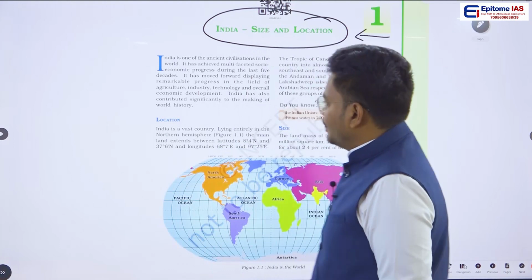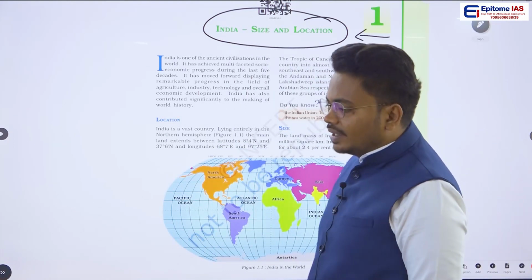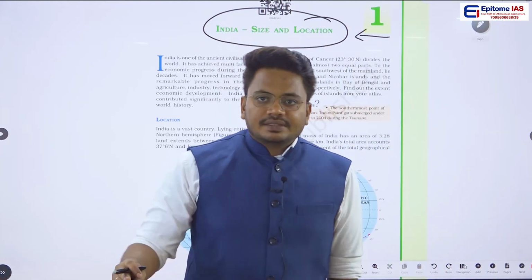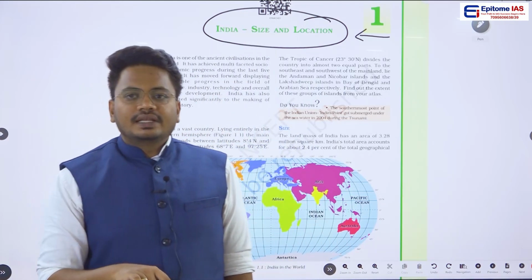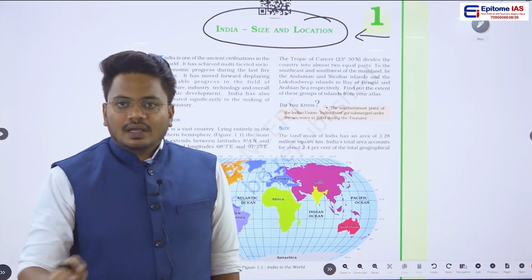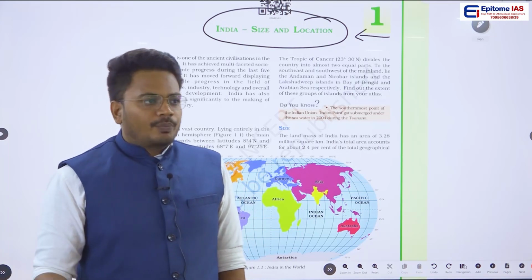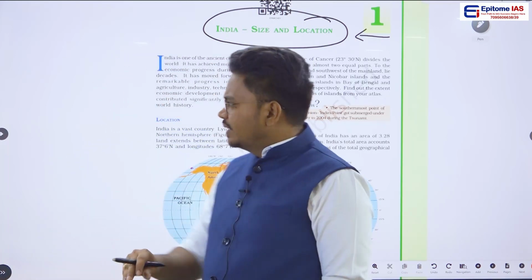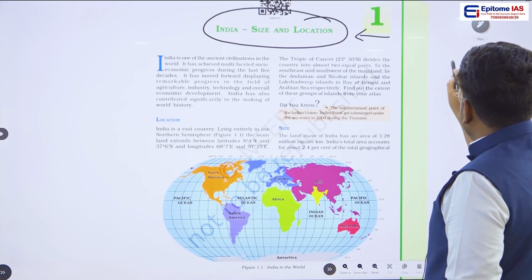We already know that India is a very big country. It has an area of nearly 3.28 million square kilometers. See what we have discussed in previous classes.